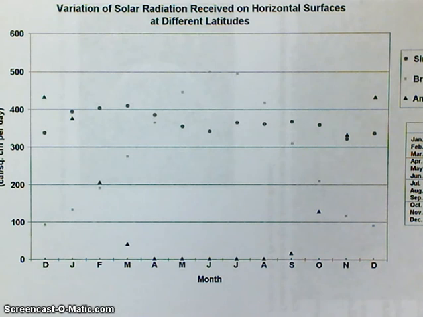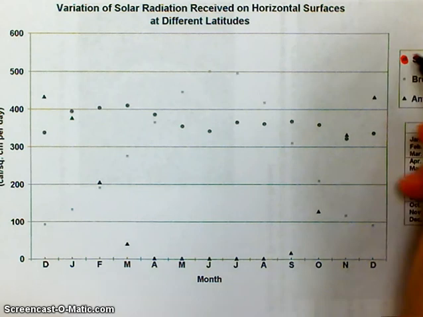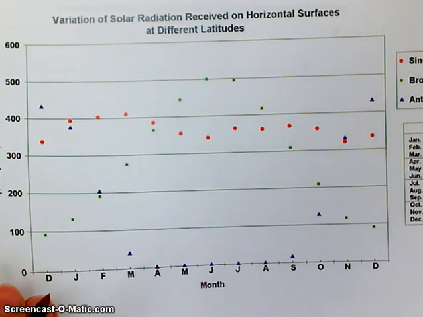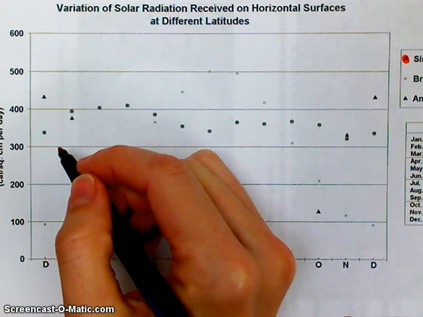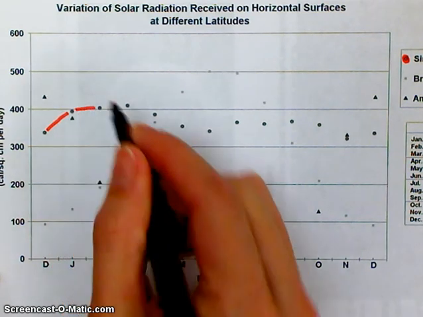All right. So we're going to draw a smooth curve connecting our values. I'm going to use red for Singapore because on the color one, the dots for Singapore are red. So I'm going to connect those.